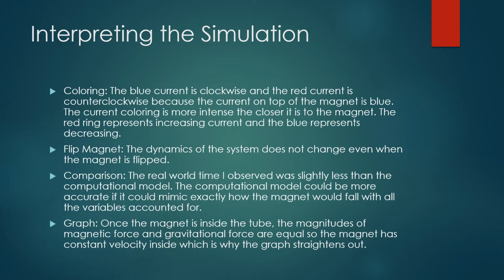In comparison, the real world time I observed was slightly less than the computational model. The computational model could be more accurate if it could mimic exactly how the magnet would fall, with all the variables accounted for. Once the magnet is inside the tube, the magnetic force and gravitational force are equal, so the magnet has constant velocity inside, which is why the graph straightens out.